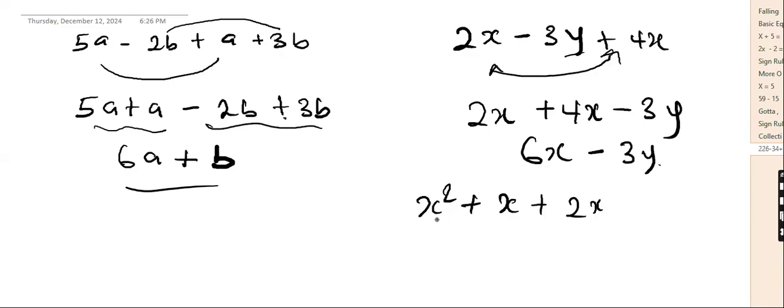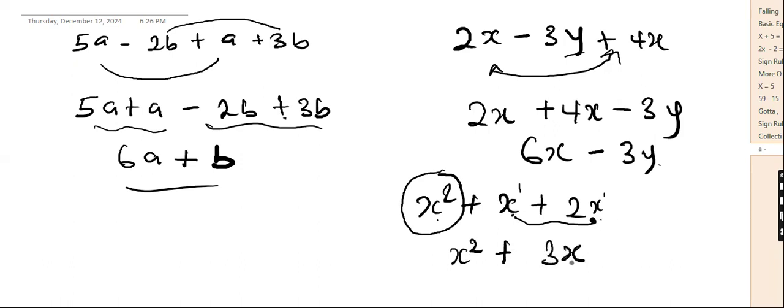Are we going to say because this is s, we're going to add it to all of this? No, they are not of the same data. This s squared is of a higher degree, and this is s raised to power 1, this is s raised to power 1. So this s raised to power 1 are the same. They are of the same data, so you can add that together, and here you're going to have s squared plus, now s plus 2s is going to give you 3s. There's nothing you can do about it. This is your answer, just the way you have 2 chairs and 2 books, exactly the same way you have this.